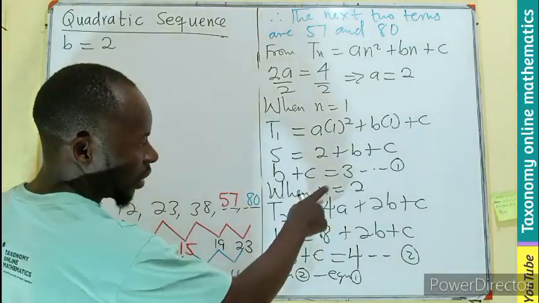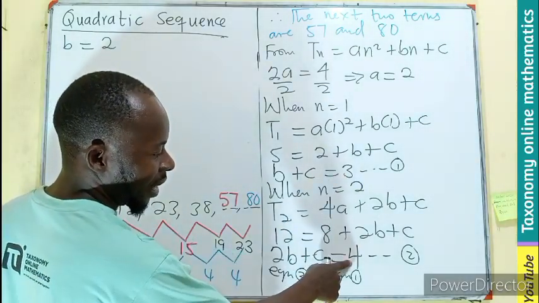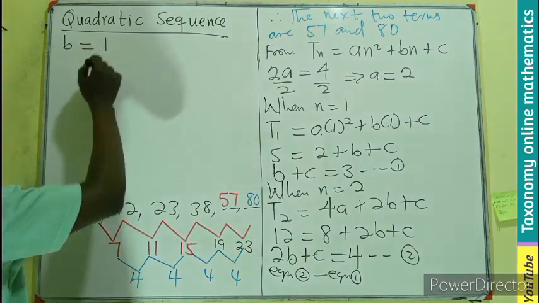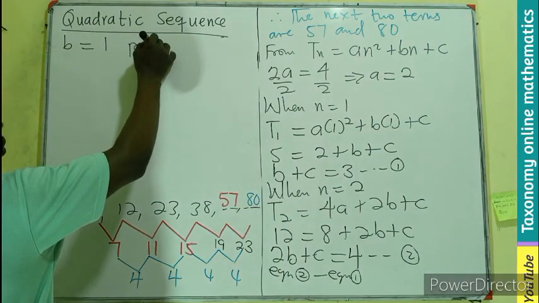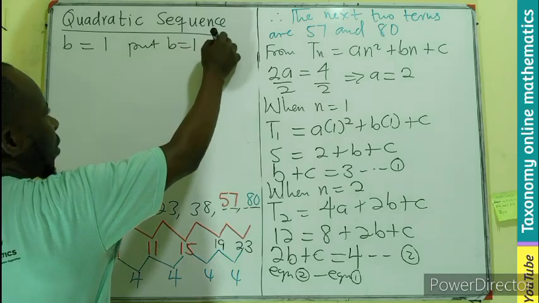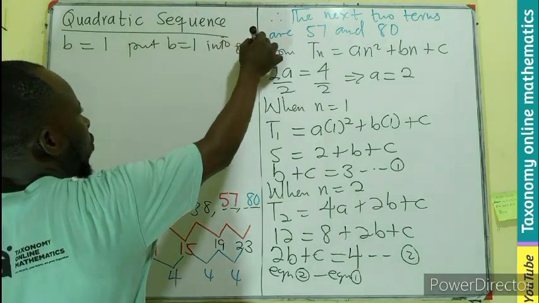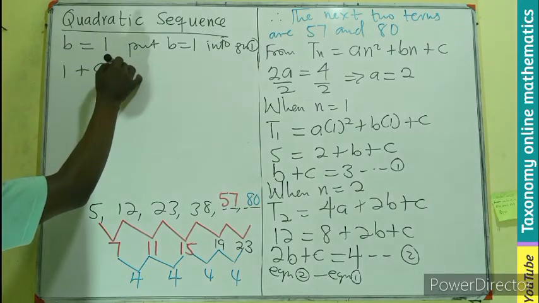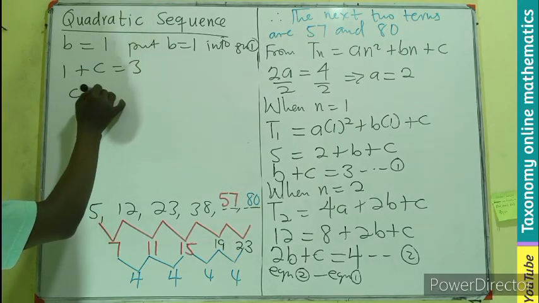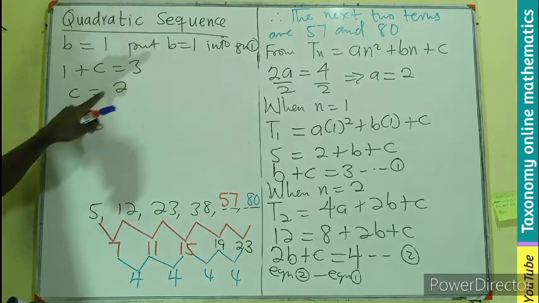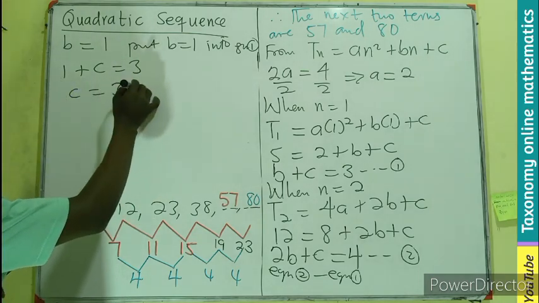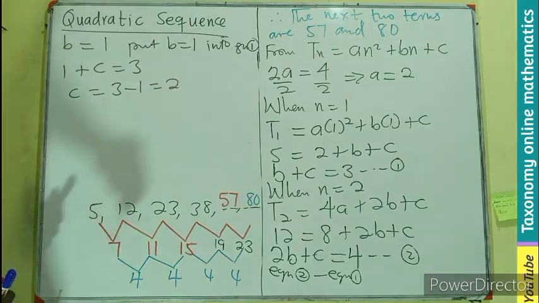Oh, no. This is 3 and 4, so it's supposed to be 1. So B equals 1. Put B equals 1 into equation 1. Meaning 1 plus C equals 3, so C equals 3 minus 1, which equals 2.